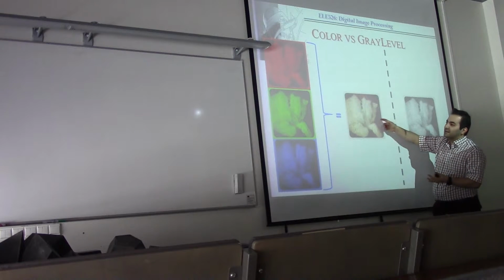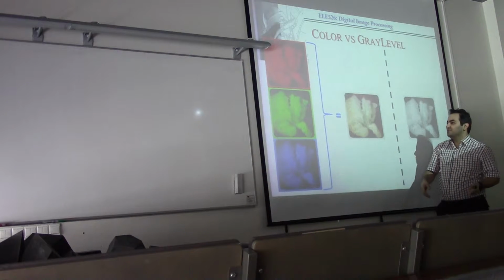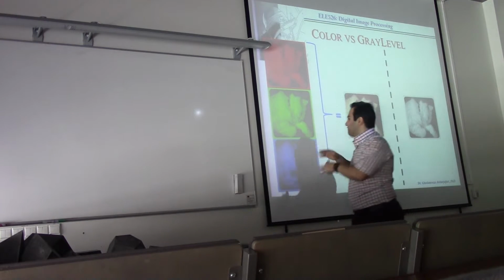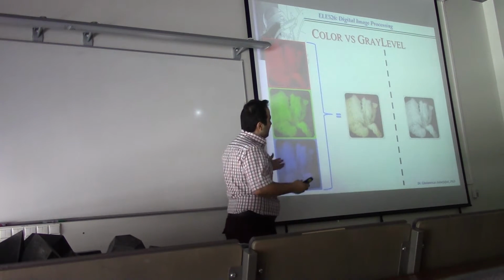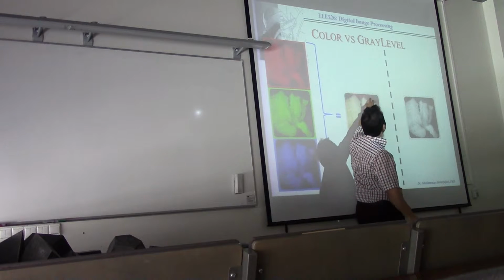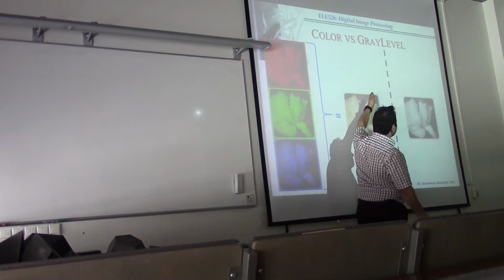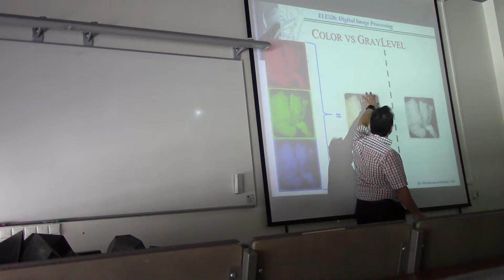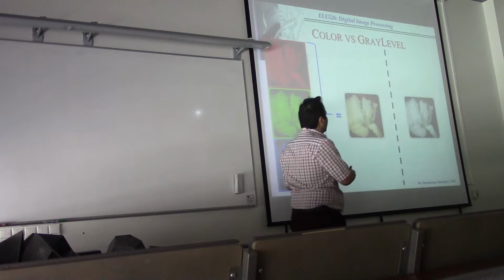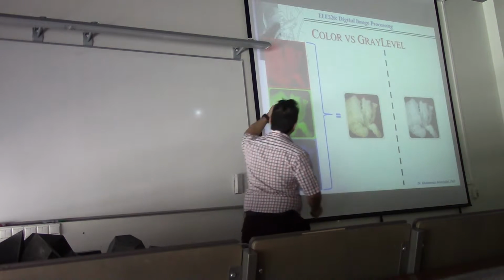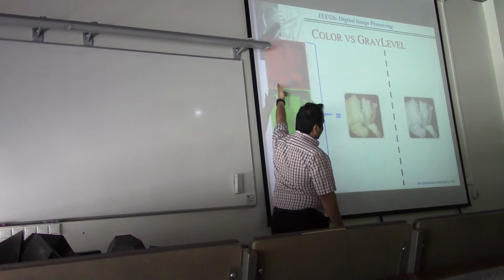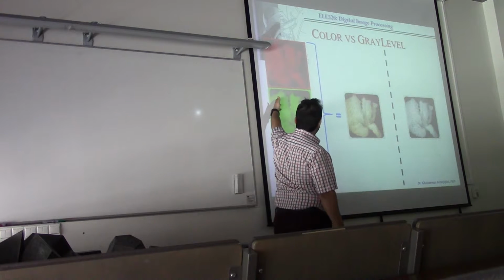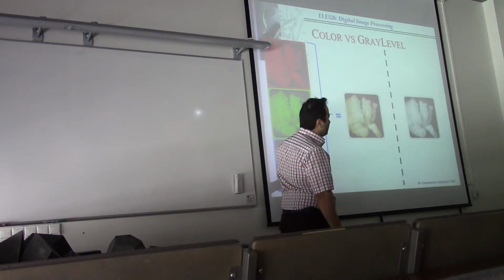It means that we have a combination of these values, but in different proportions. For this area, it seems close to red, so the weight value of the red image is more than the green and blue values.